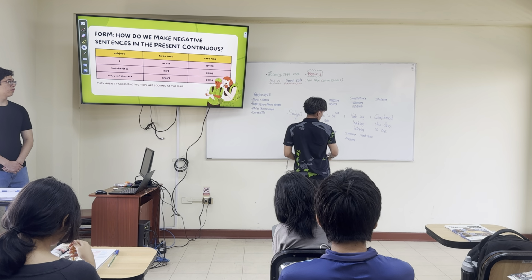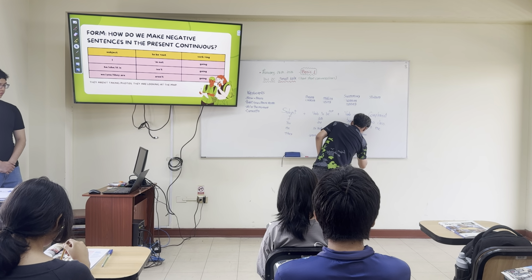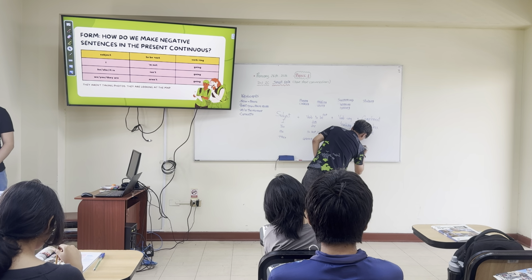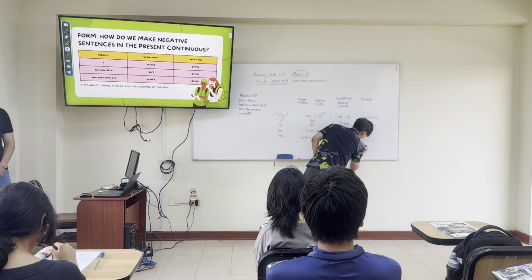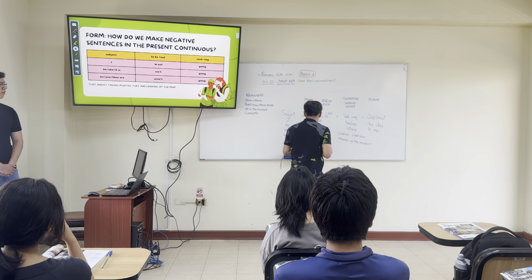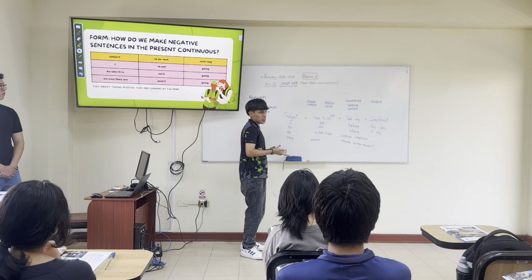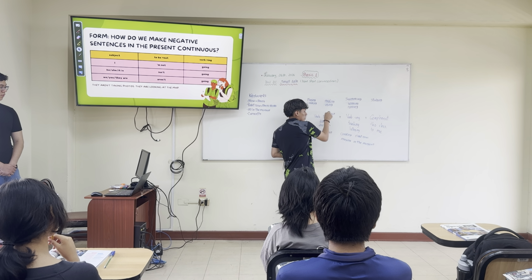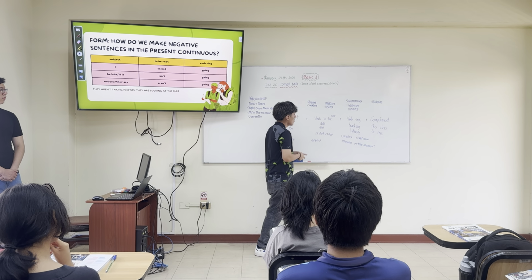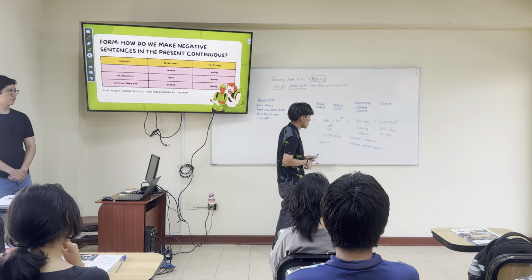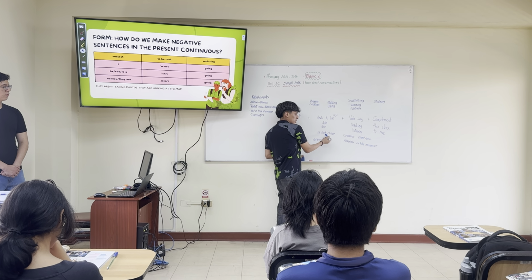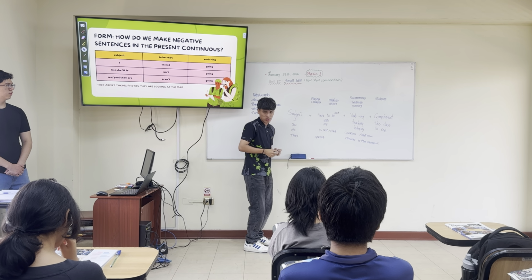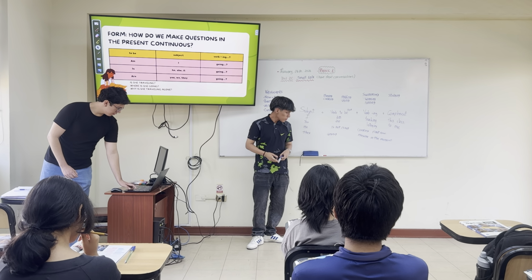Playing in the moment. So this is the negative form. It's very simple. It's similar to affirmative. Only we have to change with not. Verb to be not. You can use the contraction or without. You choose.